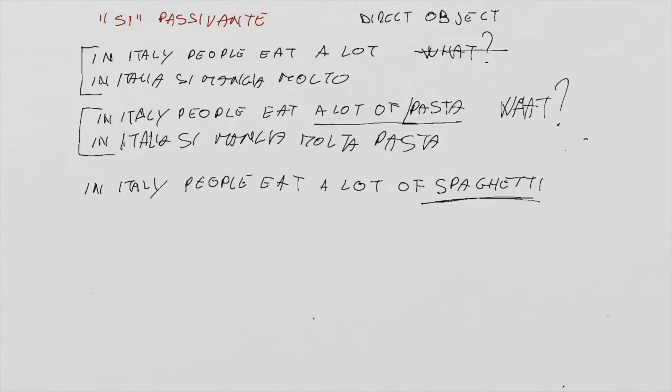Now, molta pasta is singular, so you have si mangia. But since spaghetti is a plural noun, instead of si mangia, you must write si mangiano. So, in Italy, people eat a lot of spaghetti is in Italia si mangiano molti spaghetti. So every time you have a plural direct object, you must use si plus the third plural person of the verb. This is the only difference.